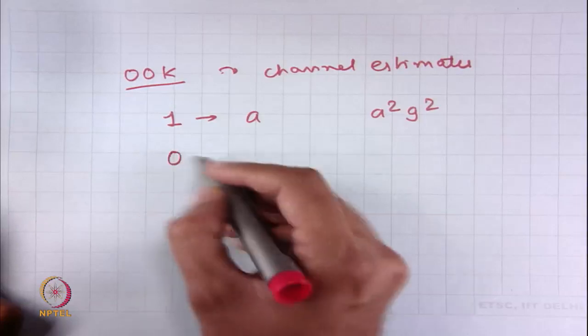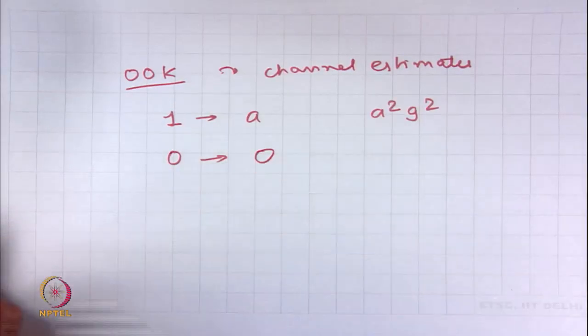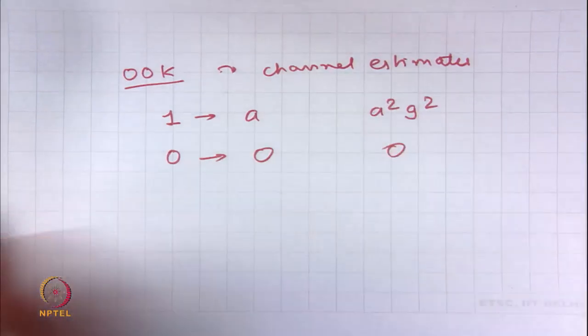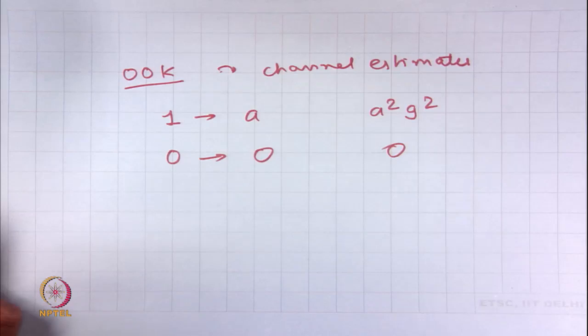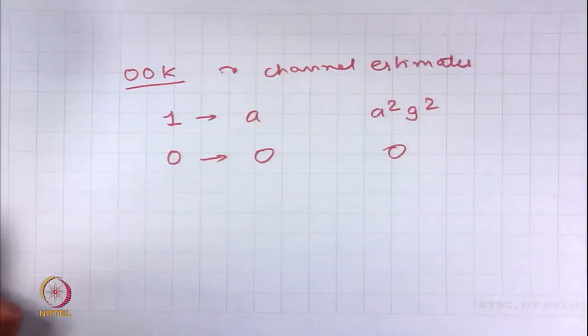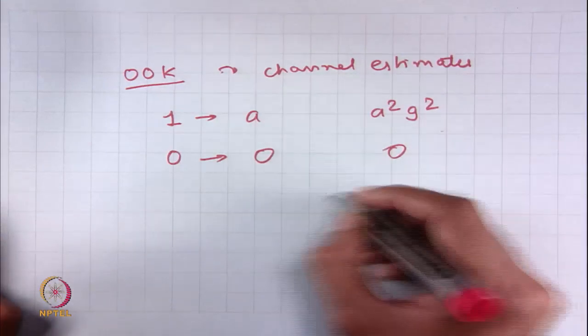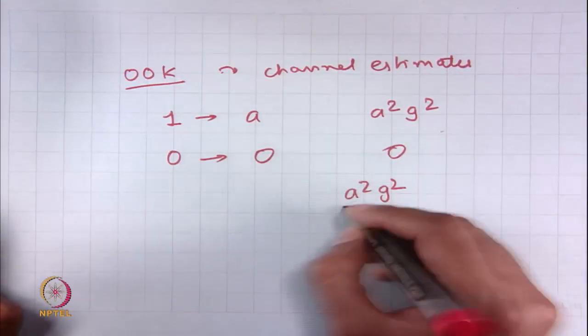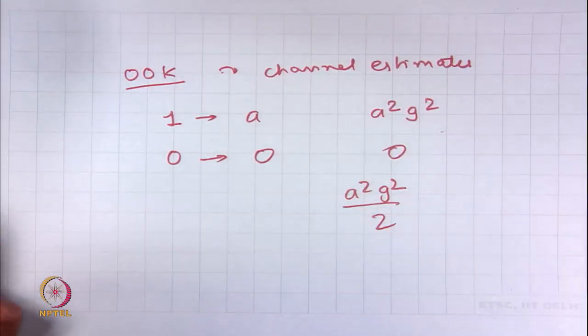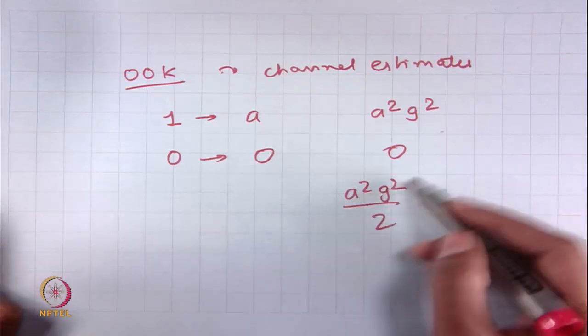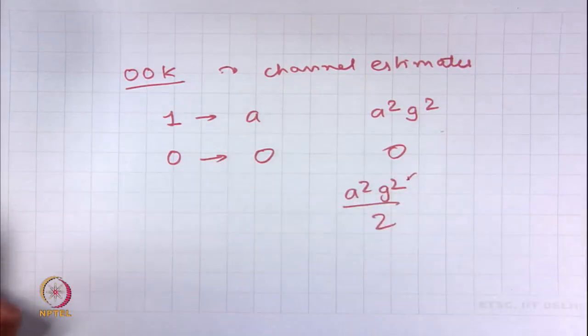When you transmit 0, you transmit nothing, and then the received energy will be 0. So, where will we set the threshold? Assuming that this channel is hit with additive white Gaussian noise and these symbols are equiprobable, the threshold will sit at A square G square by 2, and thus to take a decision, the receiver must know what this G is, isn't it? And thus in these OOK systems, learning the channel is necessary.